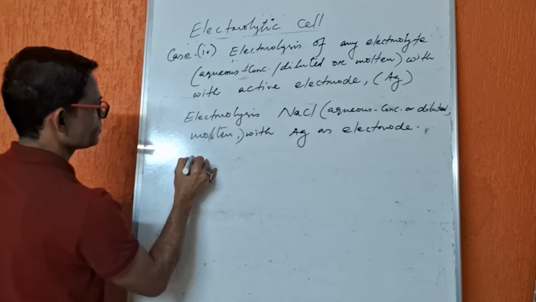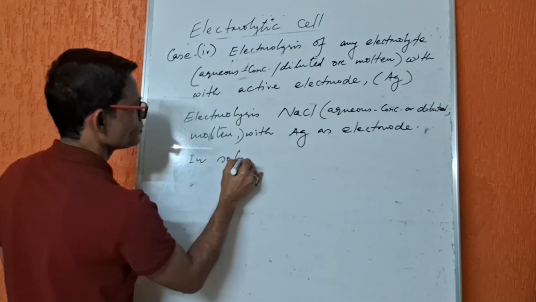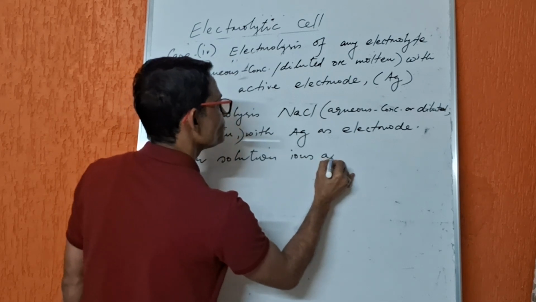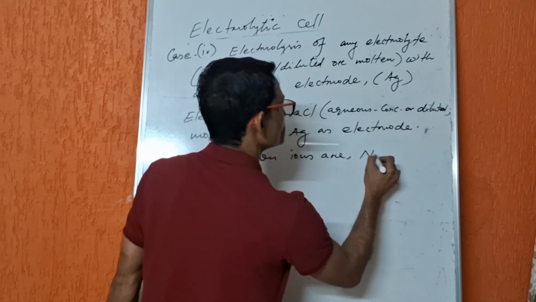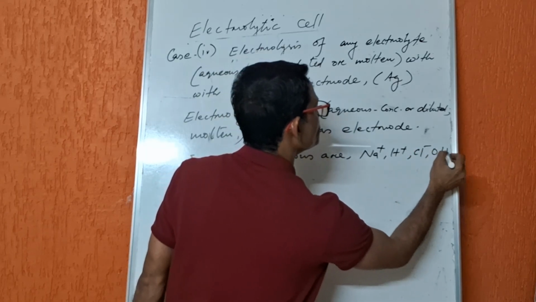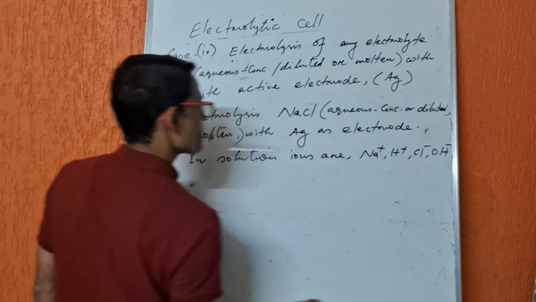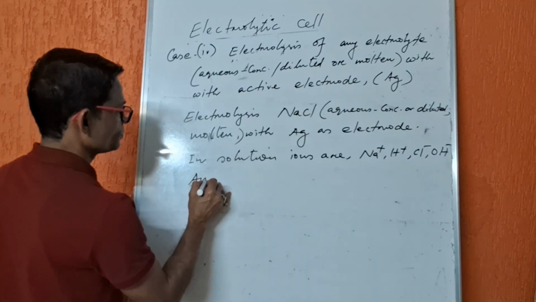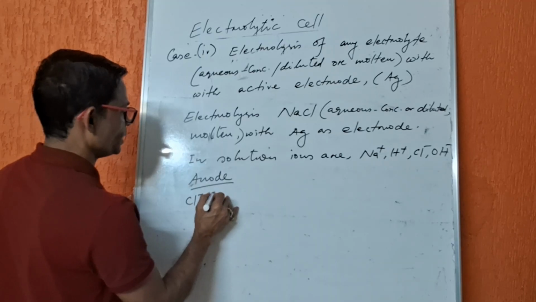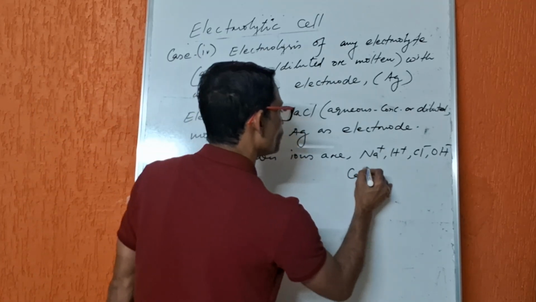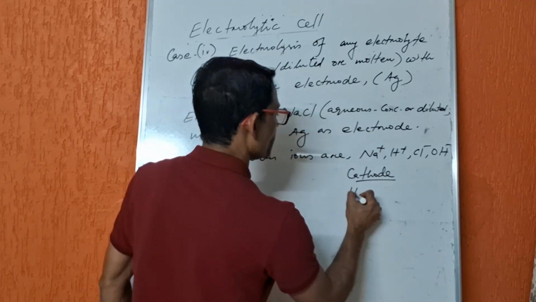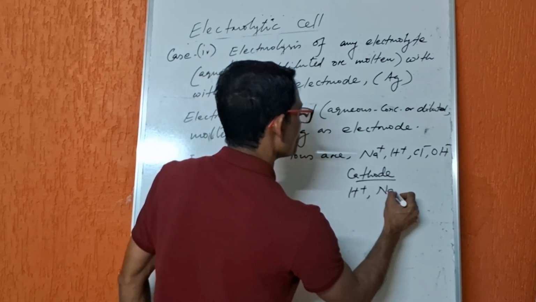In solution the ions are Na plus, H plus, Cl minus, OH minus. At the anode there is Cl minus, OH minus. At the cathode there is H plus and Na plus.